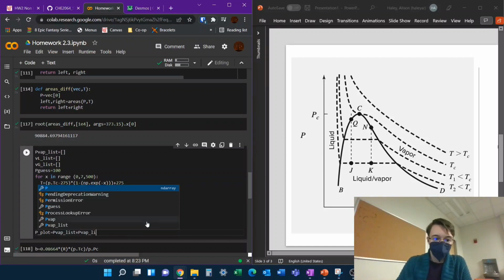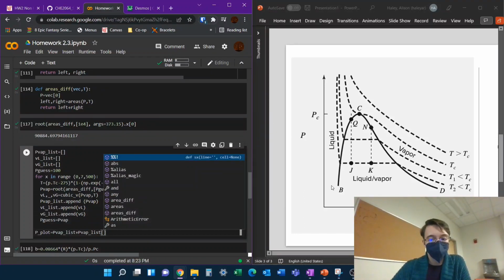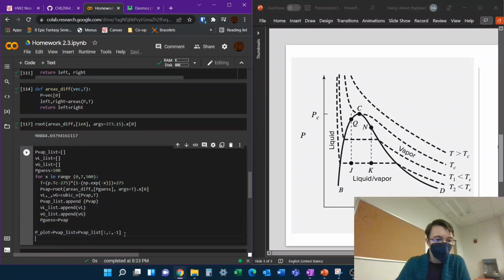But we're not going to want the list in the same order. We're going to want it in reverse order, because we want to go from low to high and then from high to low. So to do that, we want all the rows, all the columns, but our step is going to be -1, which means that it's going to step in reverse, which will basically just flip the list around.